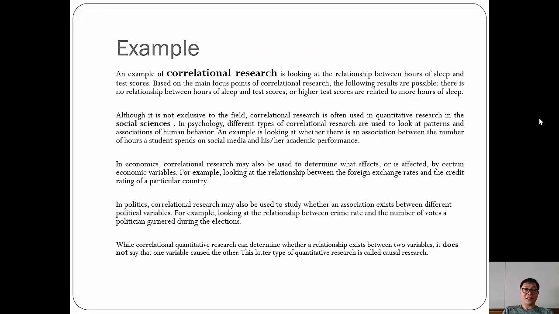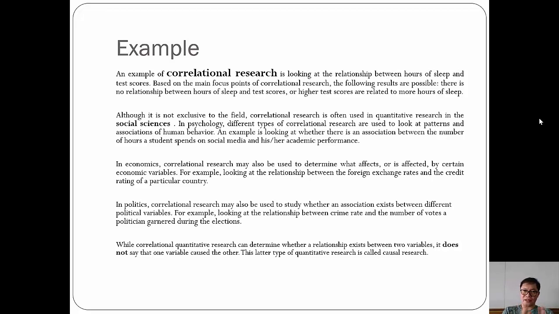Example. An example of a correlational research is looking at the relationship between hours of sleep and test scores. Based on the main focus points of correlational research, the following results are possible. So there are two possible results. There is no relationship between hours of sleep and test scores.